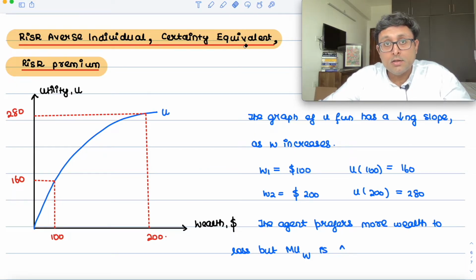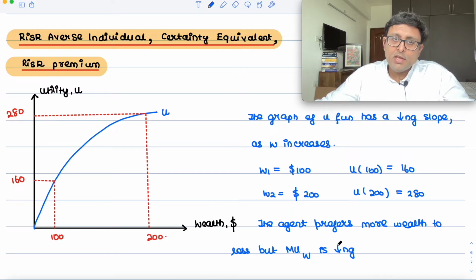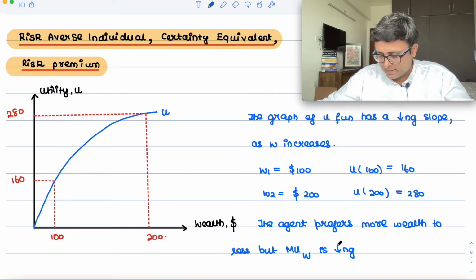That is, every additional unit of wealth is giving you lesser utility than the previous one. That's true. That's normal with everything in general. And this diminishing marginal utility is the reason for the risk aversion. I'll let you know what that is.